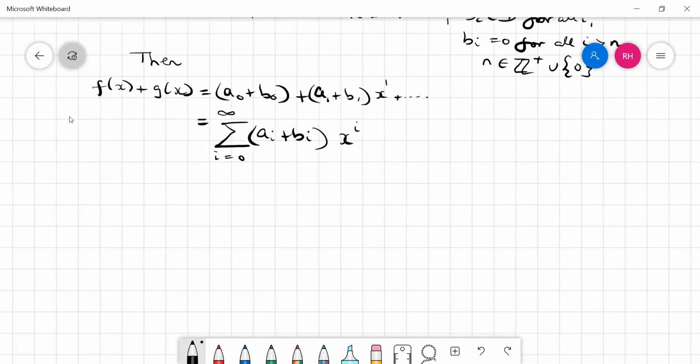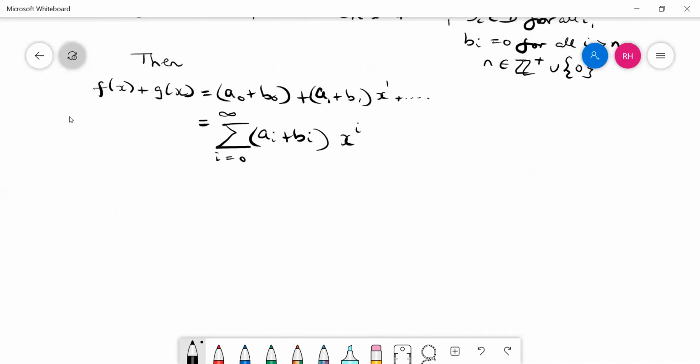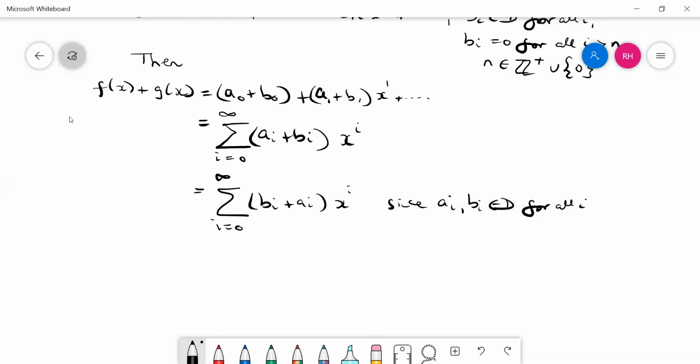And now, remember these ai and bi we've said are just elements of the integral domain. An integral domain is commutative, so I can swap them around. And you might want to just put here, since ai and bi are elements of D and hence commutative.